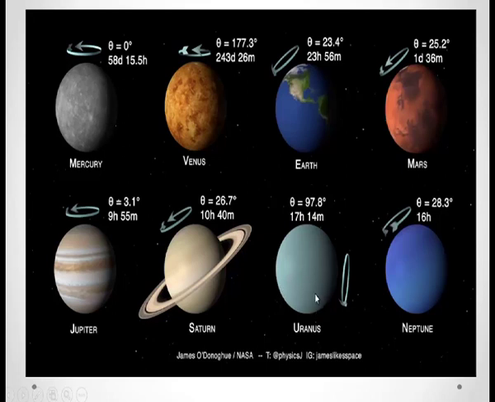Uranus is tilted 97.8 degrees and Neptune is tilted 28.3 degrees. Like that, all planets in our solar system tilt in their axis to do the rotation.